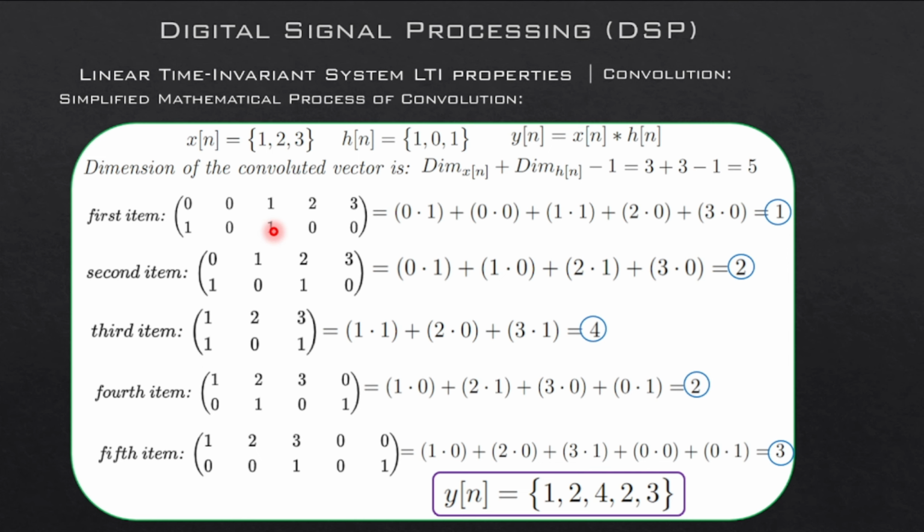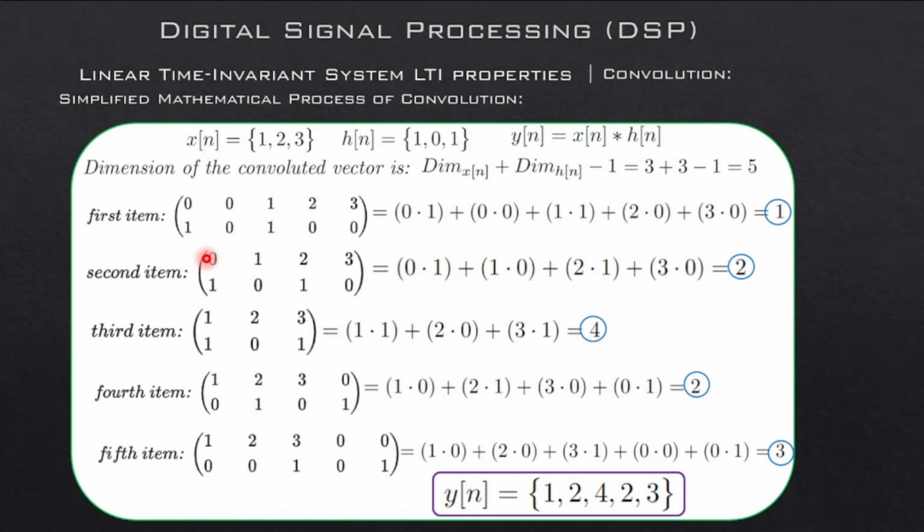The last element of h[n] is right below the first element of x[n], and you fill the void with zeros. So what is the first item? That's 0 times 1 plus 0 times 0 plus 1 times 1 plus 2 times 0 plus 3 times 0. All of these are 0 except the third, which is 1. So you get 1. That is the first item.